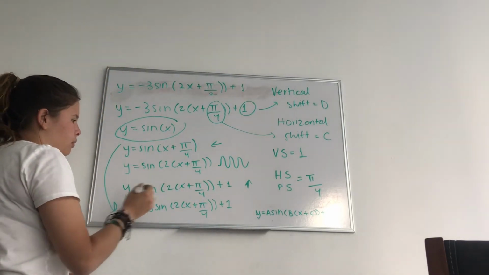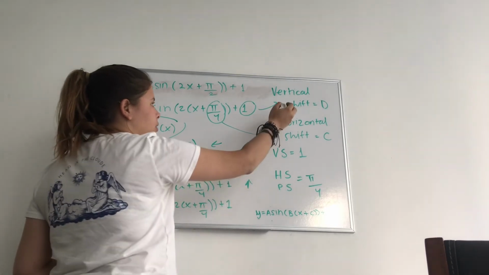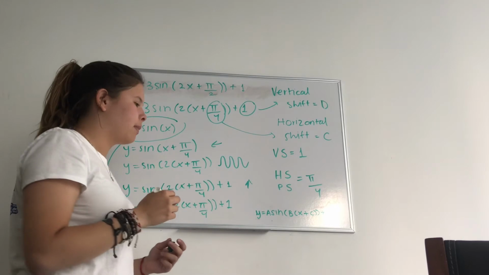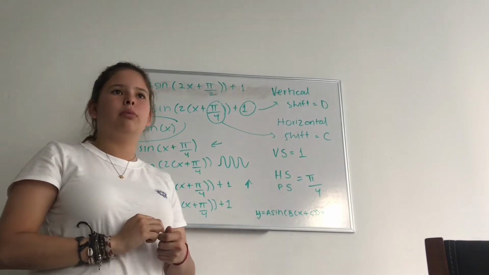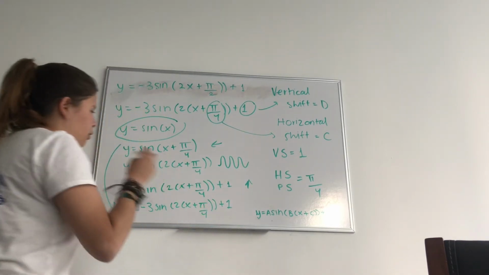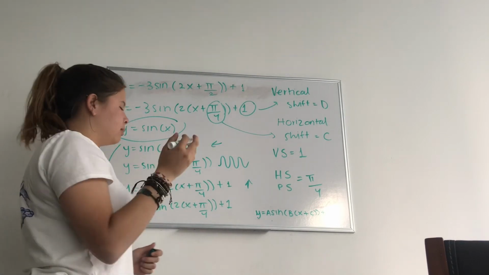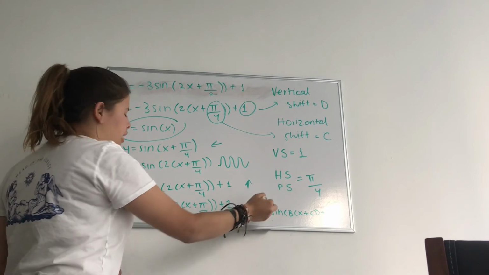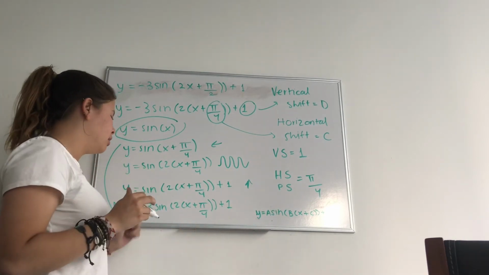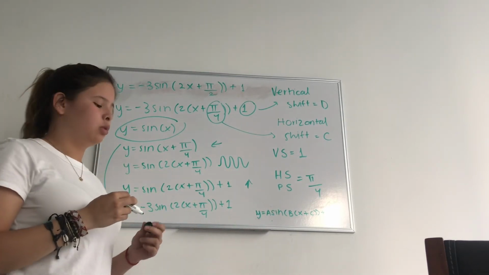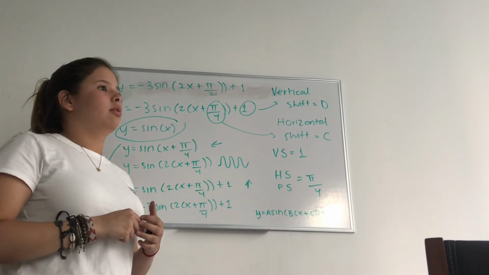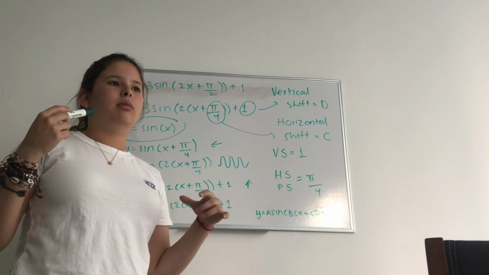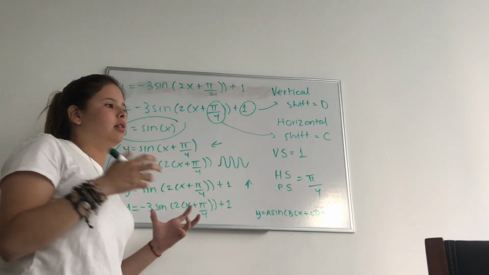Then we add the 1, that will be the vertical shift, and this will make the graph move up or down. In this case, it will make the graph move up. At the end we multiply by a, that in this case will be -3, and this will make the value between the minimum value and the maximum value bigger than it was before.